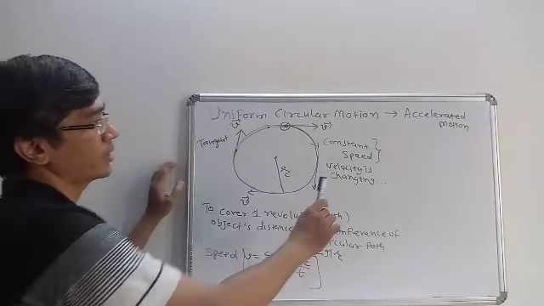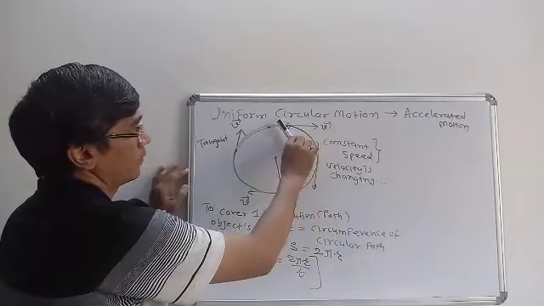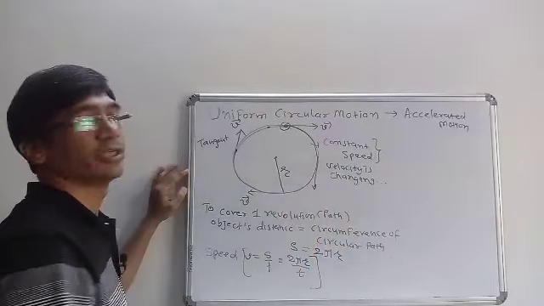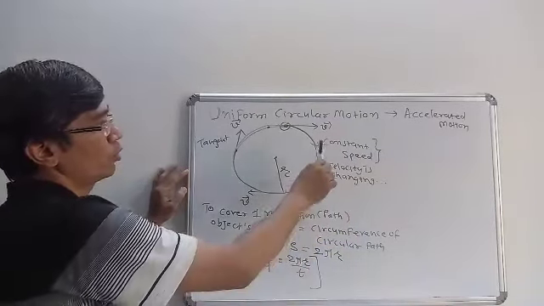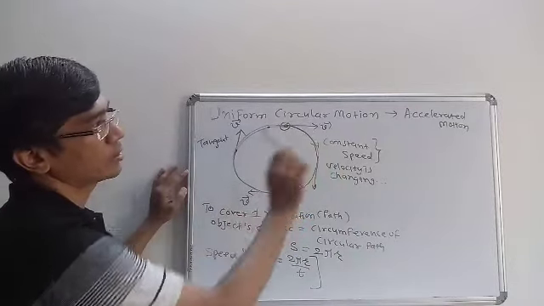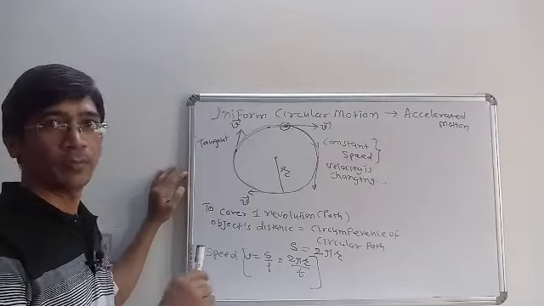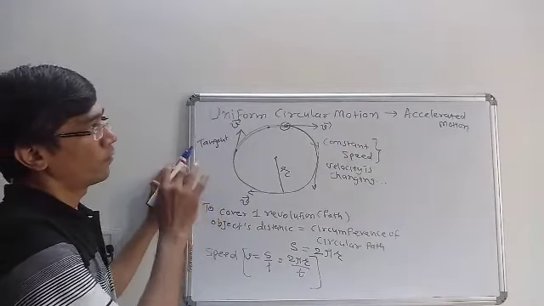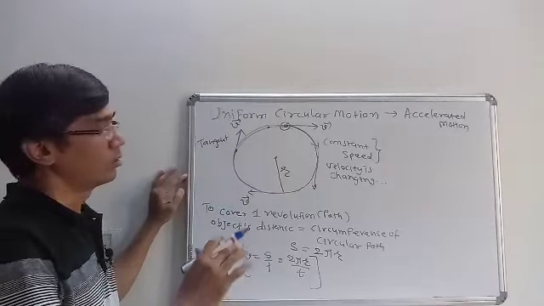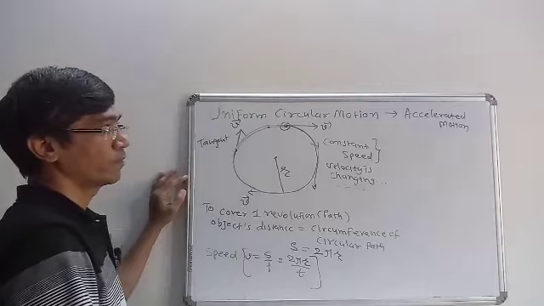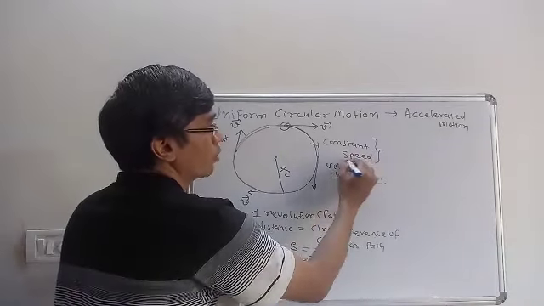Here we get acceleration in this motion as the velocity is changing. So this is uniform circular motion and it is accelerated motion. Remember, this motion is not uniform velocity, because here the velocity is changing, velocity is not constant, but the speed is constant.